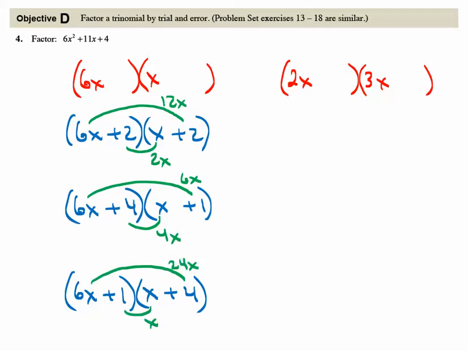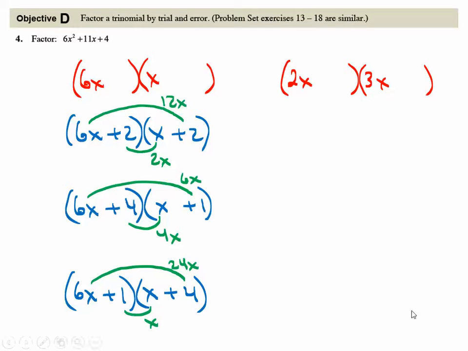I don't think so. That's going to give me actually a 25x, as I check the outside terms and the inside terms. Not even. And you have to do it in an orderly manner. And again, I didn't give you an easy one. This is a difficult one.